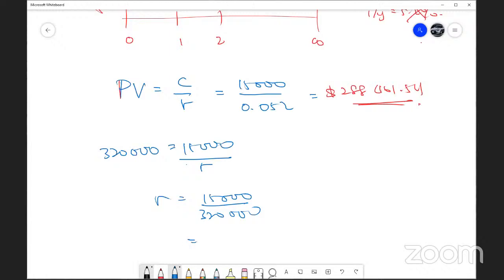So this will give you what figure? What figure do you get here? 15,000 divided by 320,000. Anybody? Simple calculation.